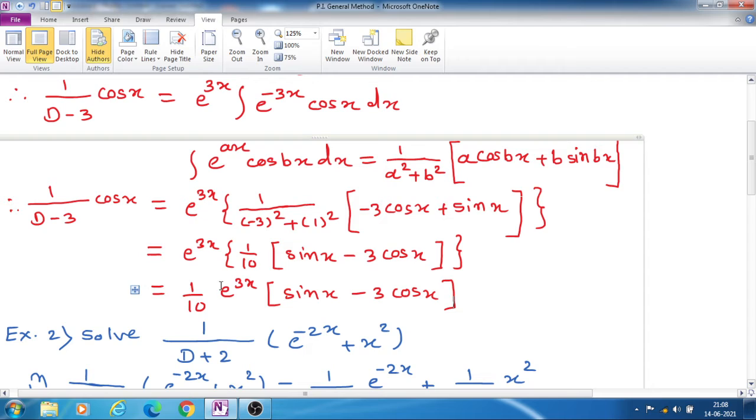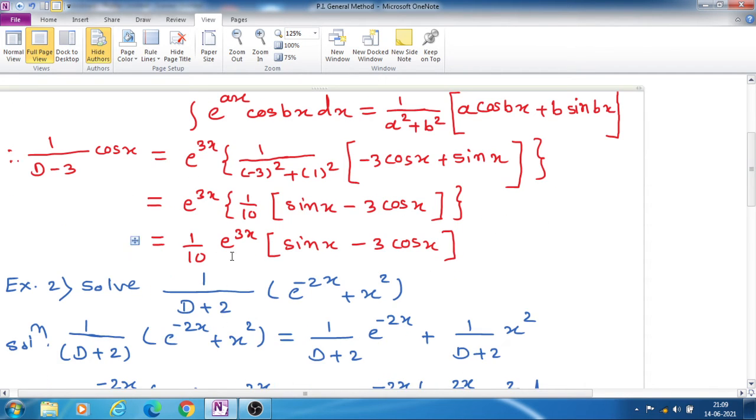So minus 3 square is 9, plus 1 square is 1, so 9 plus 1 means 10. So 1 upon 10 into bracket sin x minus 3 cos x, with 1 upon 10 written outside. So we have 1 upon 10 into e raised to 3x into bracket sin x minus 3 cos x. This is how, using the formula for 1 upon D minus a capital X, we can find this integration.